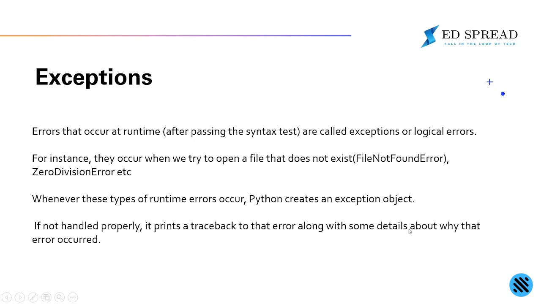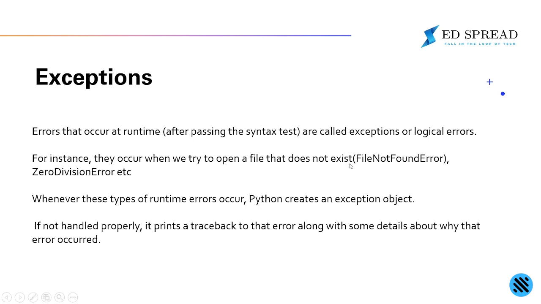Next, when you run the code, if you make any logical error, then it leads to an exception. So after passing the syntax test, the errors which occur are known as exceptions, or logical errors. For instance, they occur when we try to open a file that does not exist.